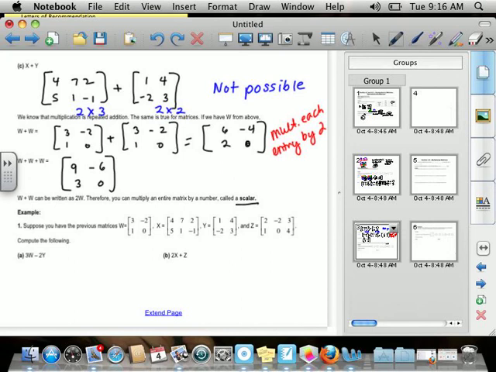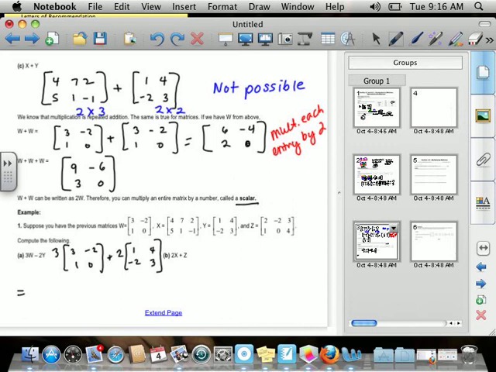All right, so if I have 3w minus 2y, I'm going to have 3 times 3, negative 2, 1, 0, plus 2 times y, which is 1, 4, negative 2, 3. The first thing we do is multiply by our scalar, just like the distributive property.